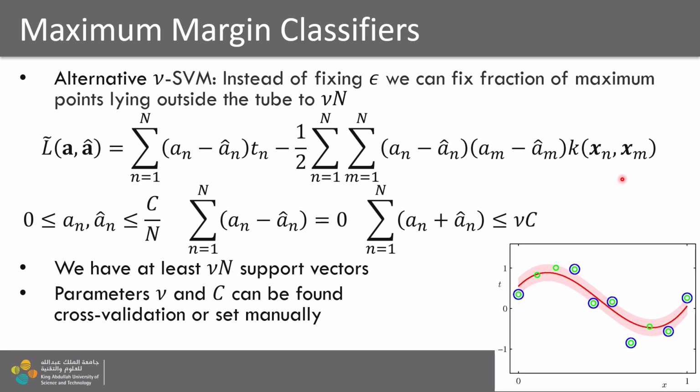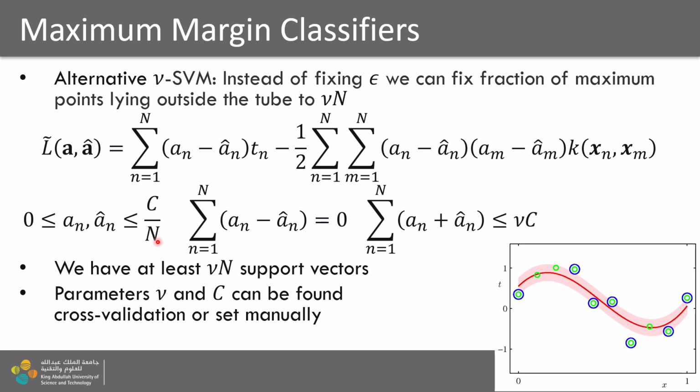And also our a_n and a hat n go not between 0 and C as permitted values, but between 0 and C divided by n.